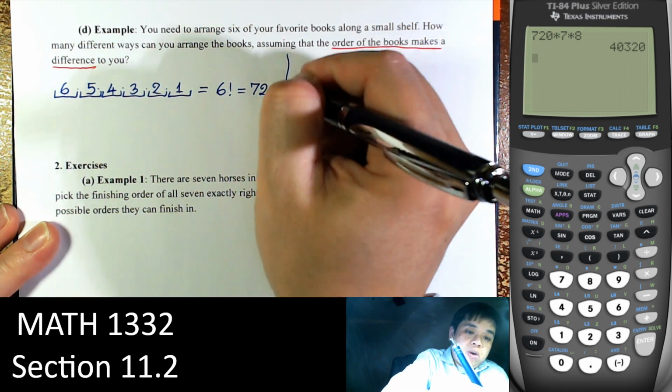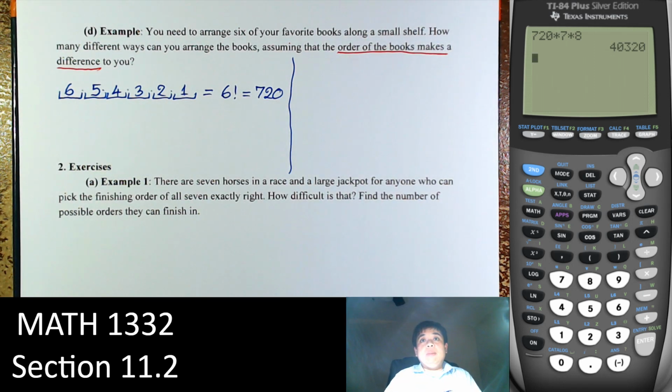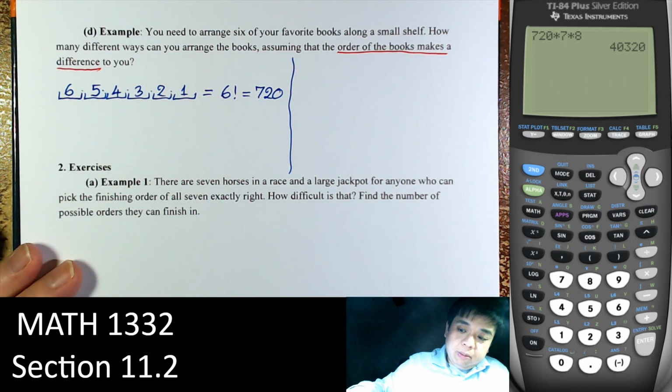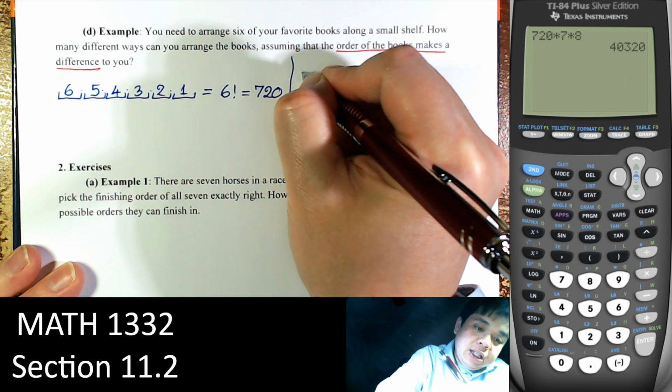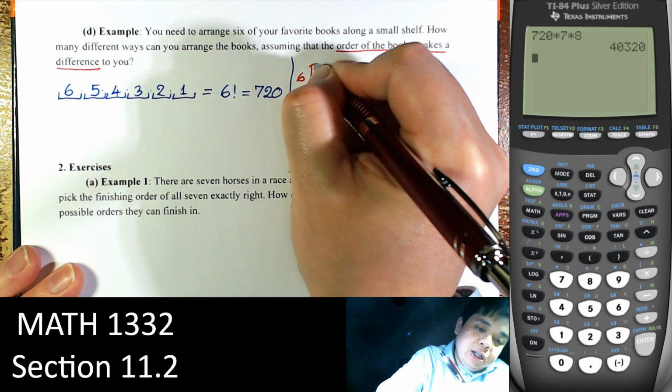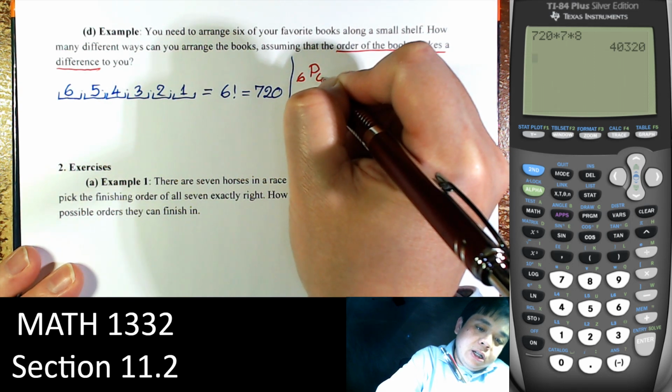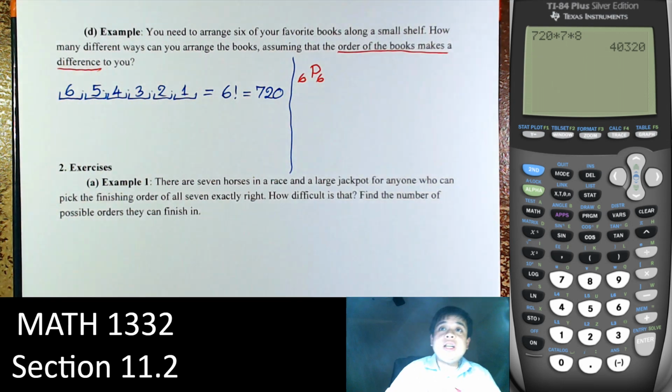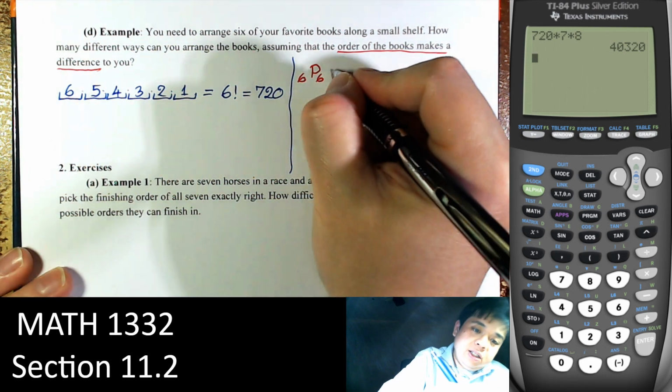So like I said, we don't even need any formula. But if we do, we're going to arrange 6 books into 6 positions. So we have 6 books, and we choose 6 of them, and order does matter.